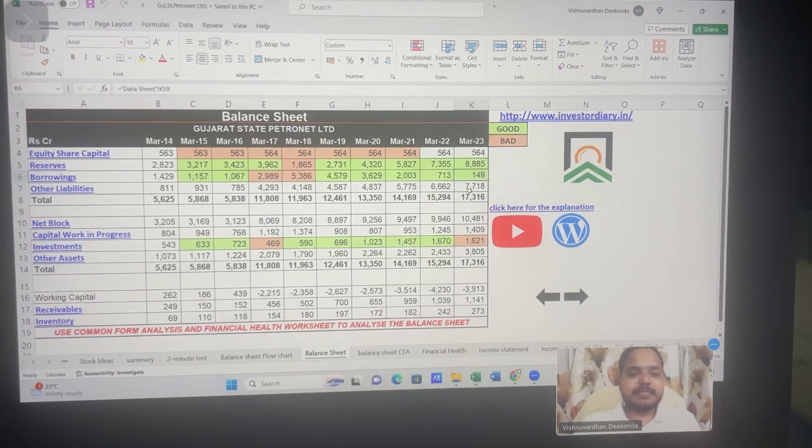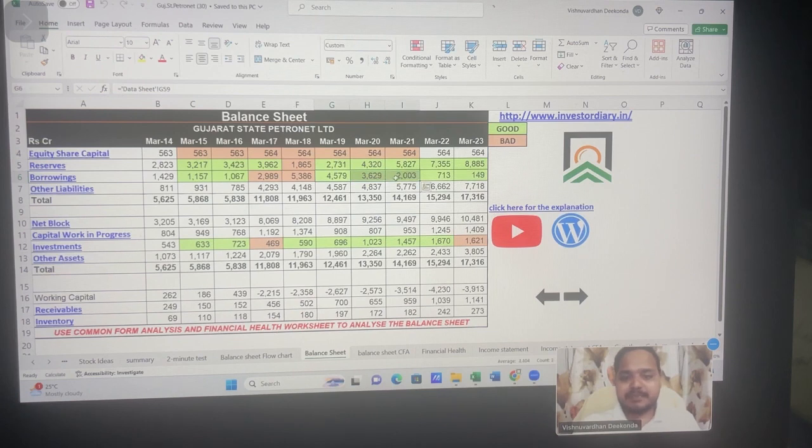With GSPL, you can see focus on the borrowings. The first thing that we check whenever we are doing the balance sheet analysis is the borrowings of the company. And in 2018, the company had almost 5,300 crores of debt on the balance sheet.